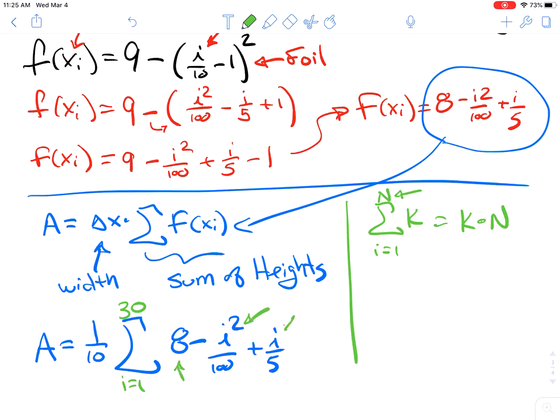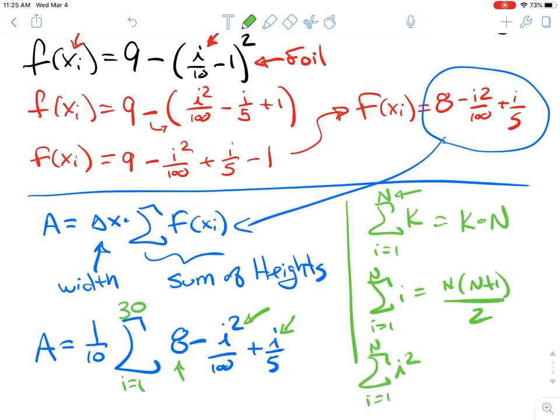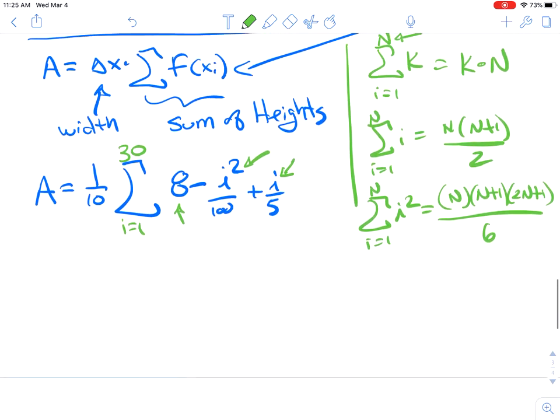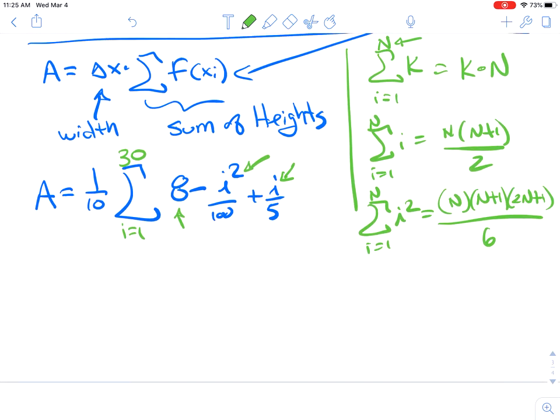Our I squared and our I's will have their own formulas. And we're going to use each of these formulae to rewrite this summation.